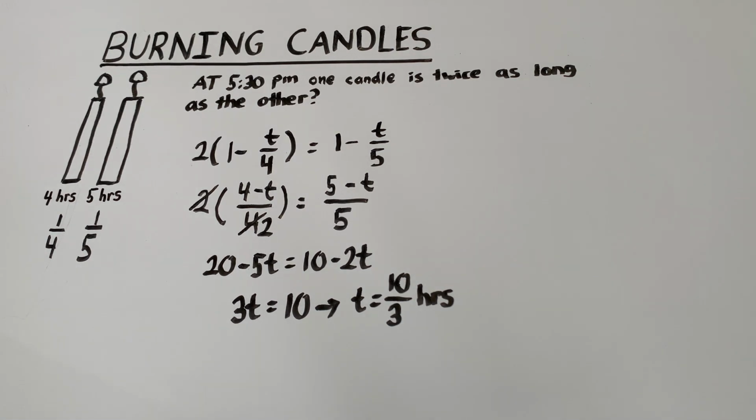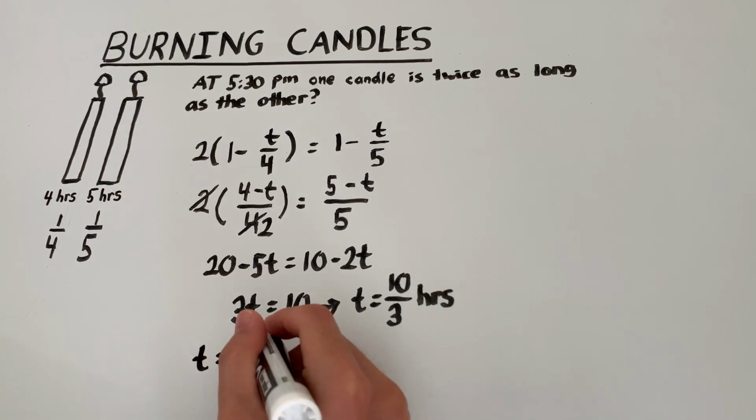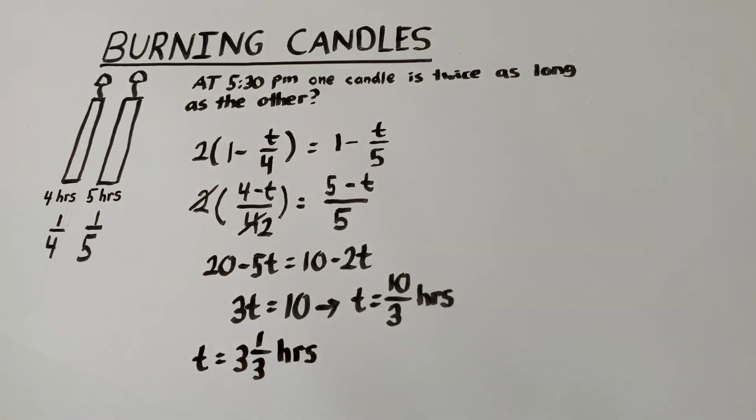So now all we have to do is find out the time 10/3 hours before 5:30 p.m. Now the easiest way to do that is to simplify 10/3 first, so our time is going to be 3 1/3 hours before 5:30 p.m. So what does 3 1/3 hours mean?